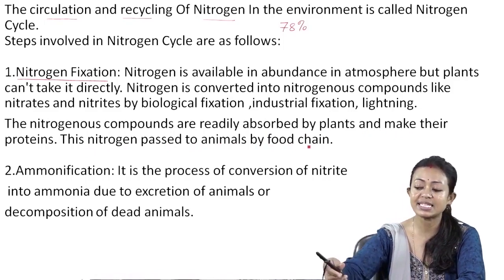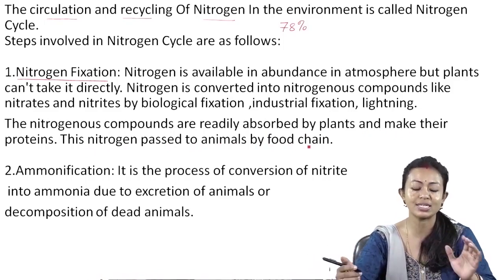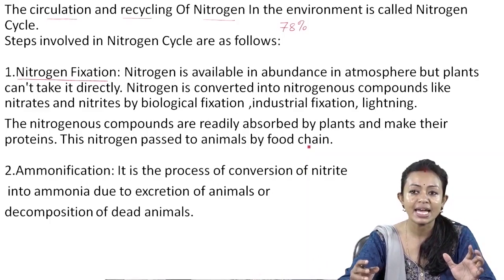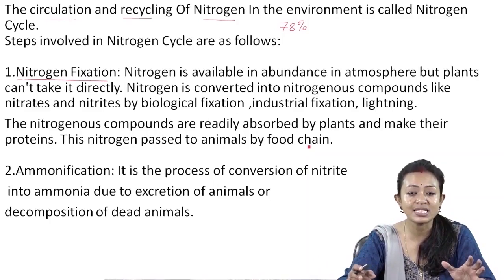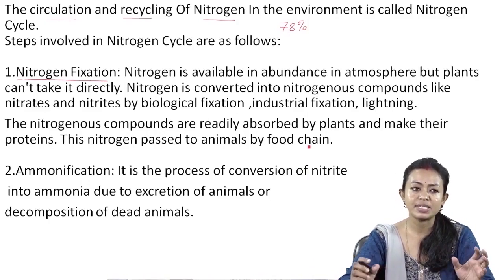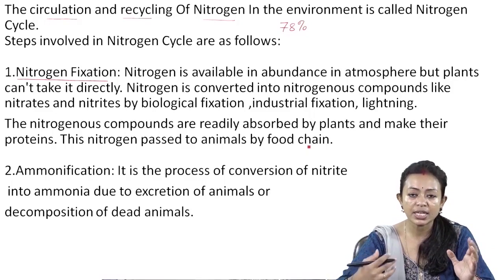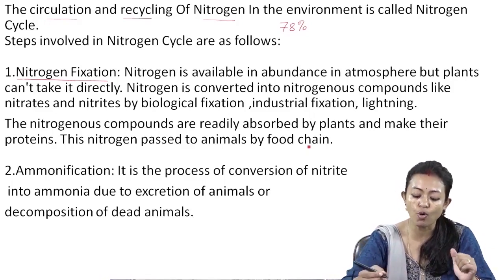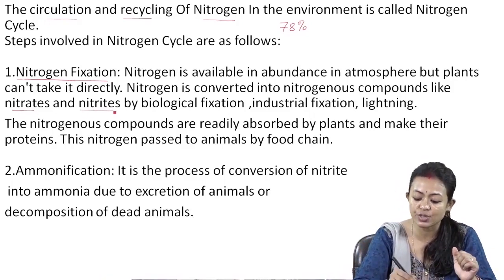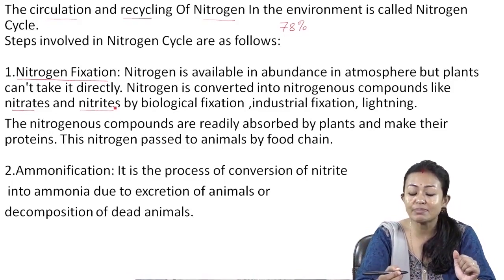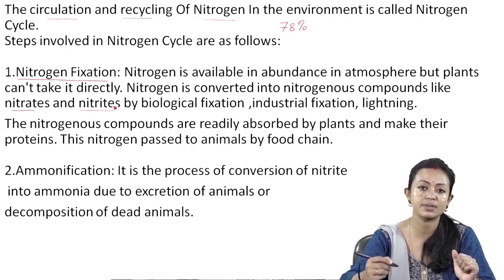Now what happens? This atmospheric nitrogen is fixed by the nitrogen fixing bacteria. The nitrogen which is available in the atmosphere gets converted into different forms of nitrites and nitrates which can be taken up by the organisms.